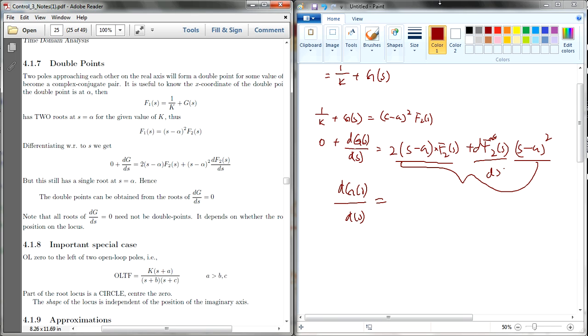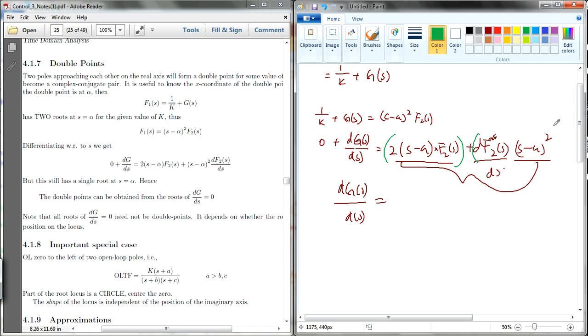Single root means that these two terms, this term and this term, share the same single root, which is this, right? So you sub in any value of s, let's say your s is equal to a, you sub in a, this whole thing becomes 0, this whole thing becomes 0, right? Because they share the same roots, but this still has a single root at s equals a.